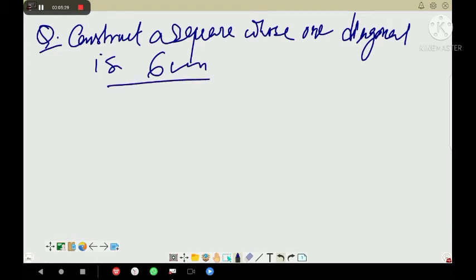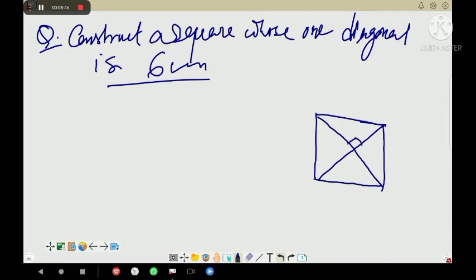Now, in the rough figure, it is a square with diagonal 6 centimeters. The diagonals bisect perpendicularly, so these are 90 degree angles. The total value is 6 centimeters, so each part is 3 centimeters.